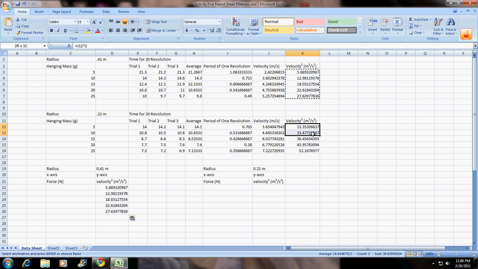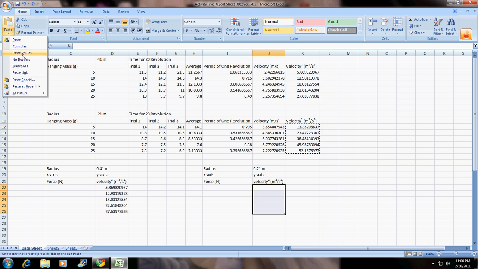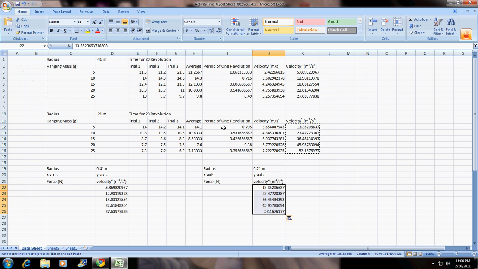I'm going to go here for the second radius, copy it, and paste this as values. I'm sorry, I clicked on the wrong option, so I paste this as values. So now I have my velocity squares.